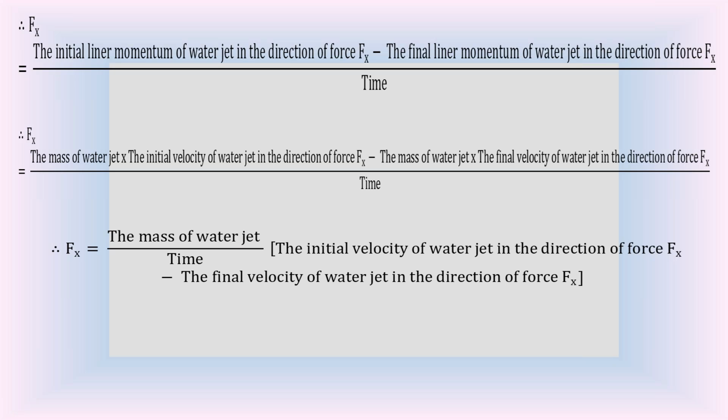The initial velocity in the direction of force Fx is v, and the final velocity after impact is in the vertical direction, so it is 0 in the direction of Fx.